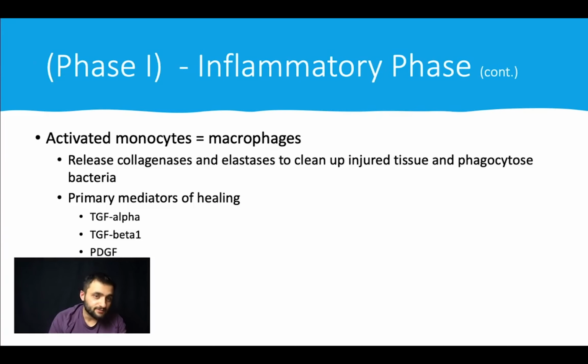Activated monocytes in the given situation are called macrophages. And we'll find that monocytes have different names depending on where we are. They release collagenases and elastases to help clean up injured tissue and phagocytose bacteria. The primary mediators of healing that they release are everything you see listed below: TGF-alpha, TGF-beta-1, PDGF, IGF-1 and 2, TNF-alpha, and IL-1.